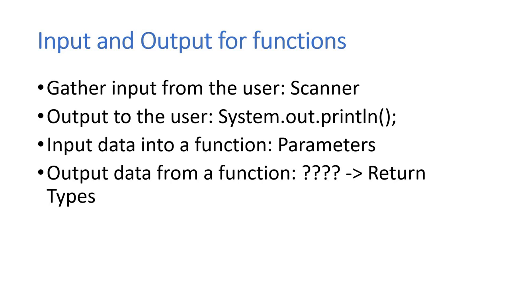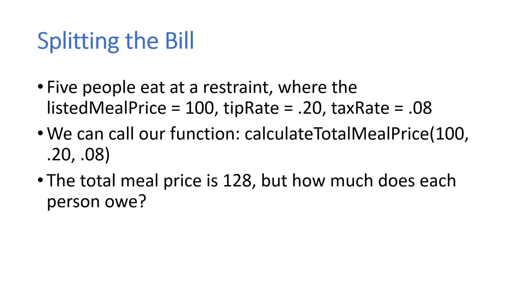We will talk more about return types in a second, but imagine you go to a restaurant with four of your friends and you all order similarly priced meals and want to tip and tax the same amount. The listed meal price comes out to be 100 rupees.